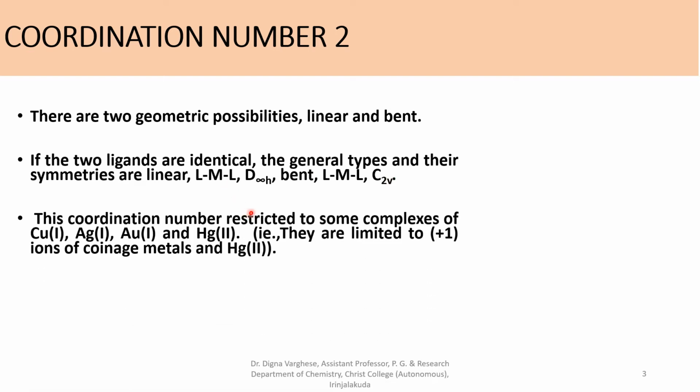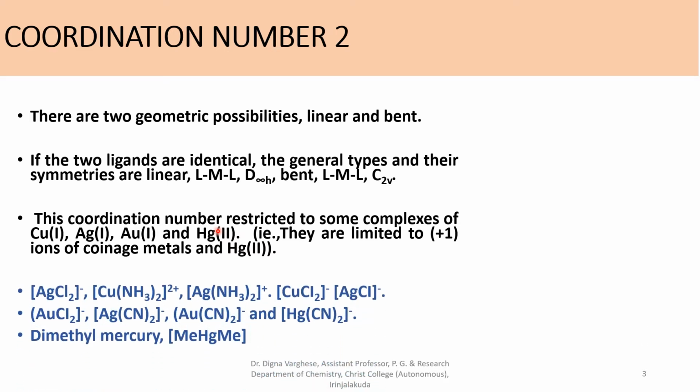Coordination number 2 is restricted to some complexes of copper(I), silver(I), gold(I) and mercury(II). So they are limited to coinage metals in the +1 oxidation state and mercury in the +2 oxidation state.